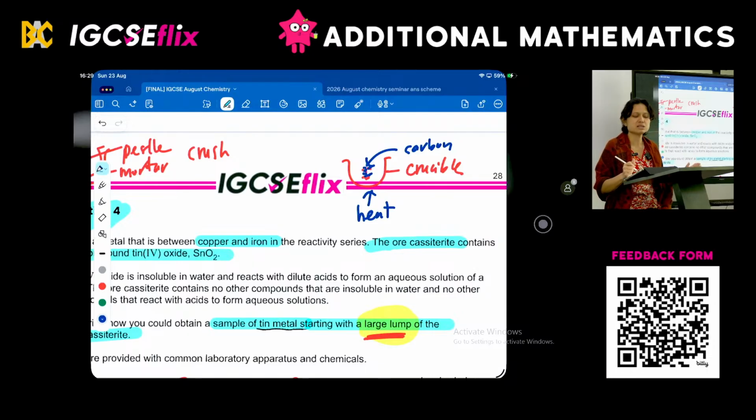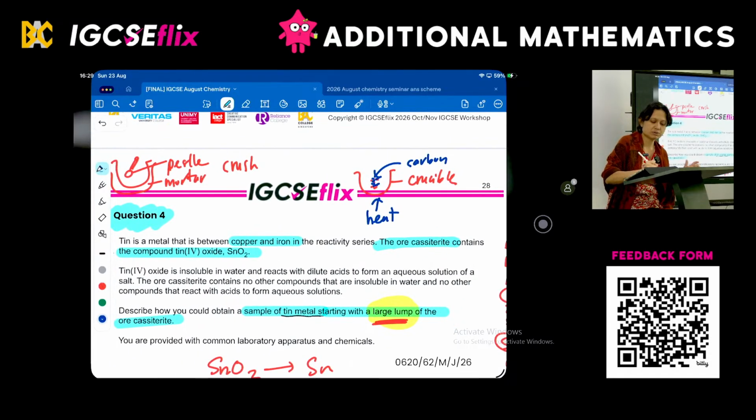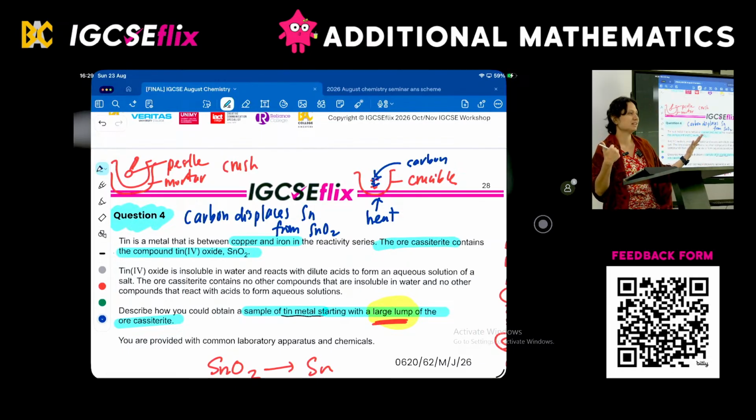What kind of reaction is this? This is displacement. Carbon displaces tin from tin(IV) oxide. 6 marks already.